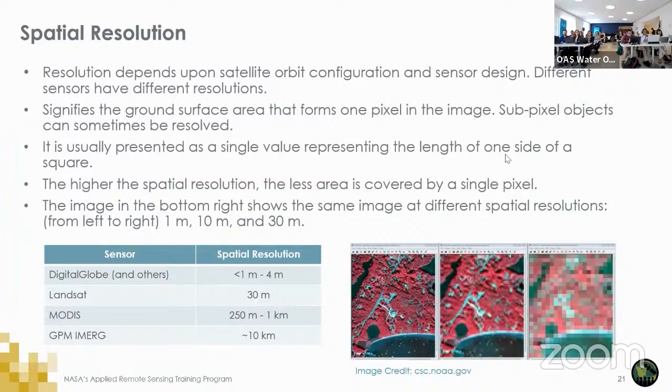I'm sure we've all used antiquated software that might not be as high resolution, maybe on our phones or on our laptops from many years ago, but that's what this is referring to. It's really the actual dimensions of the pixels as they're measured on the ground. And that's what we're referring to as spatial resolution.